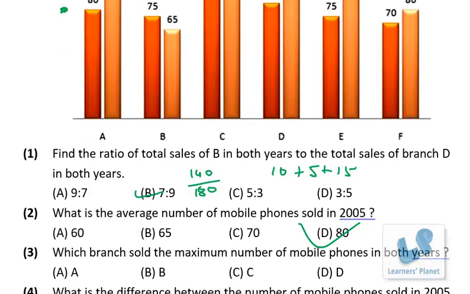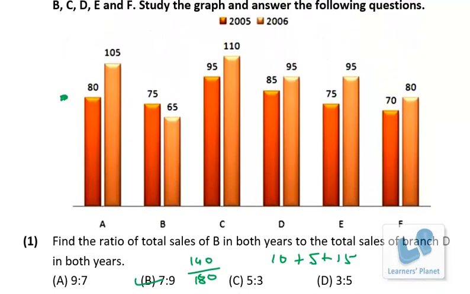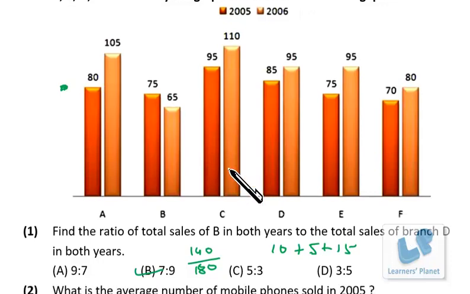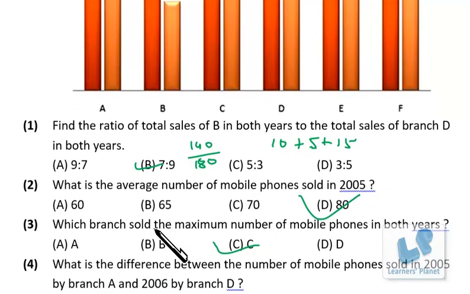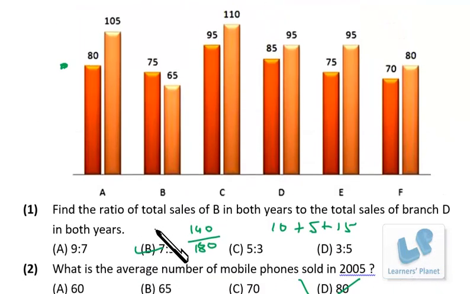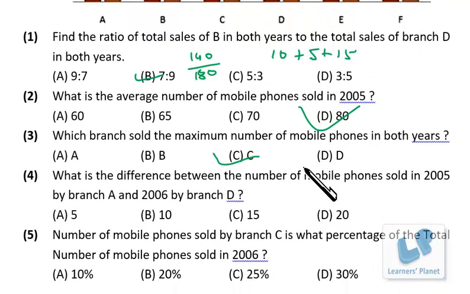Which branch sold the maximum number of mobile phones in both the years? So very easily visible from the graph that it is branch C, right? In both the years. What is the difference between number of mobile phones sold in 2005 by branch A and 2006 by branch D? So 2005 branch A, that is 80, and 2006 branch D, that is 95. So difference is 15. Number of mobile phones sold by branch C is what percentage of the total number of mobile phones sold in 2006?